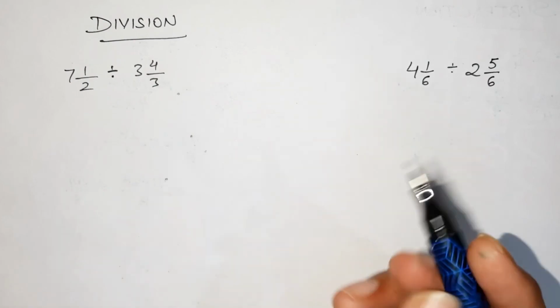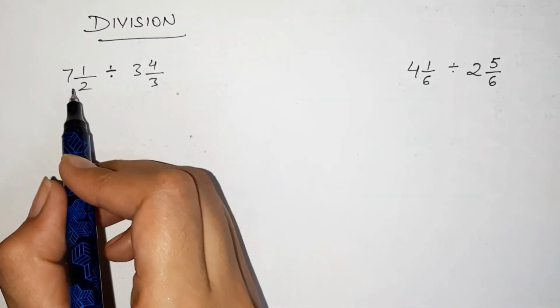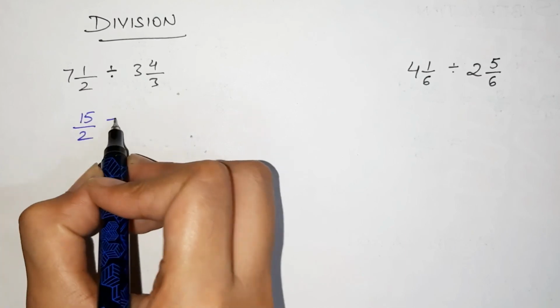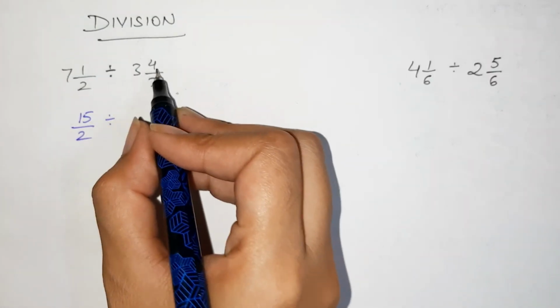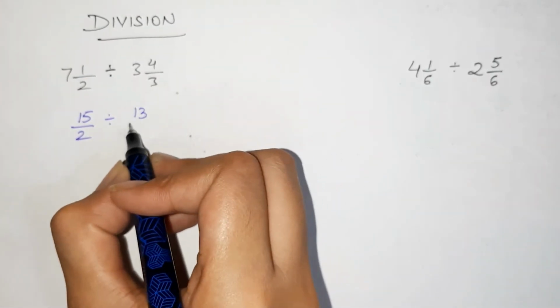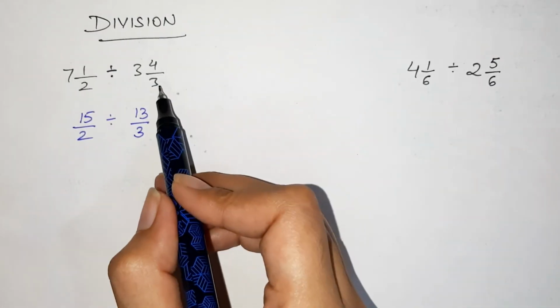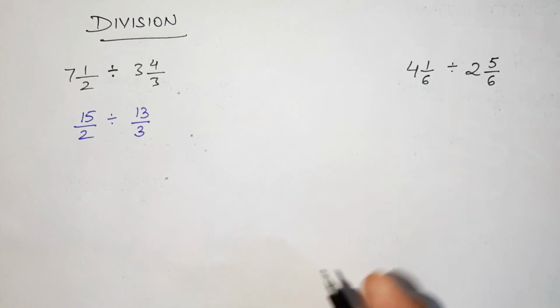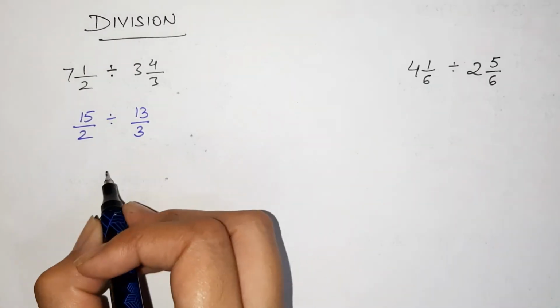Now division is the last. Let's do it. 7 2s are 14, 14 plus 1, 15 by 2, divided by 3 3s are 9, 9 plus 4, 13, 13 by 3. The denominator is 3, so we are writing 3. What is the opposite of division? Yes, multiplication.